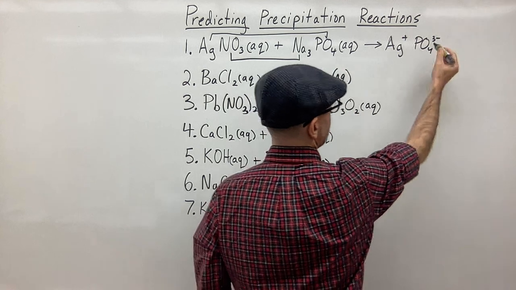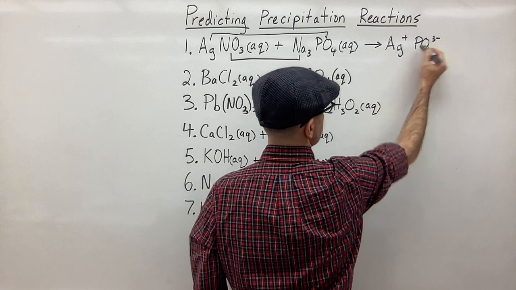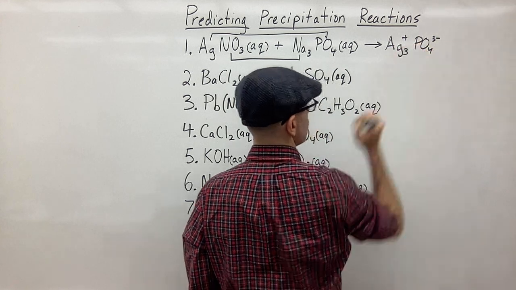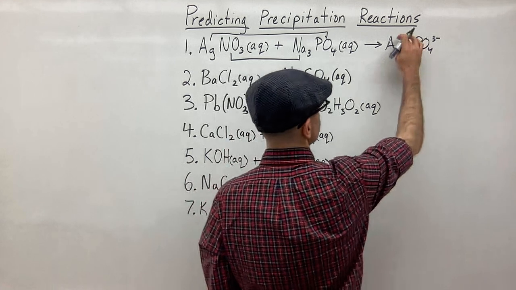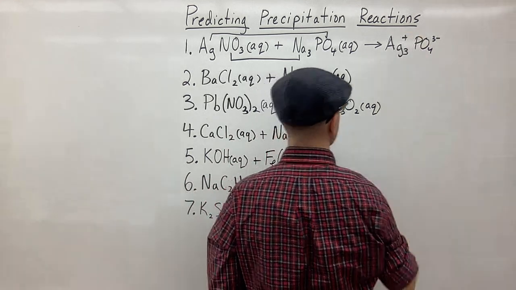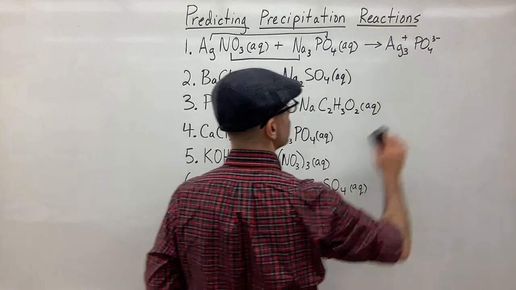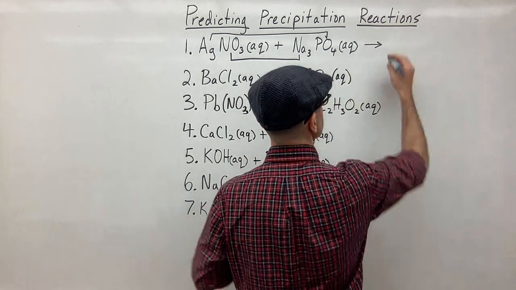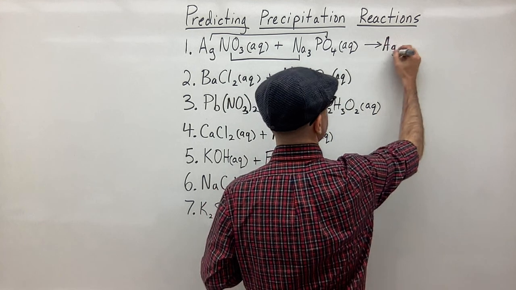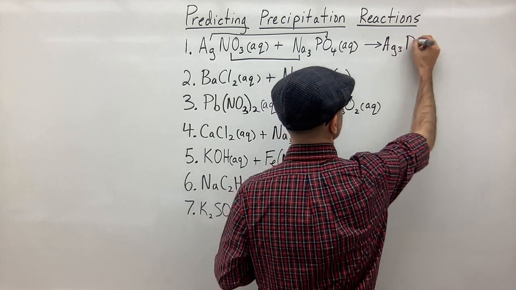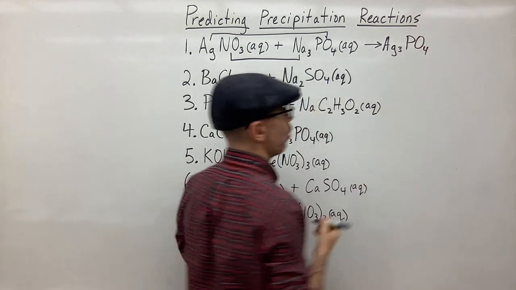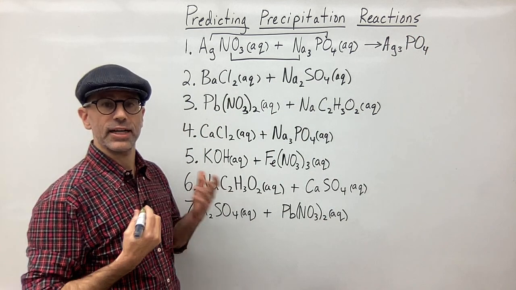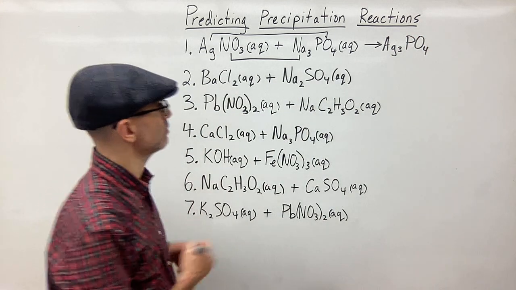I can do the crisscross method where this 3 becomes a 3 subscript for the silver. This 1 becomes a 1 down here. So then the formula becomes Ag3PO4, like so. That's one possible product.